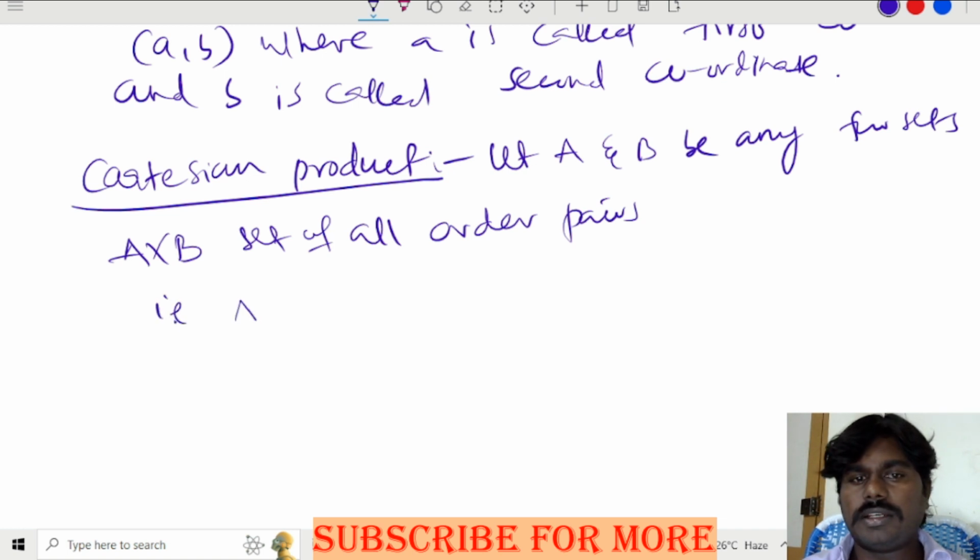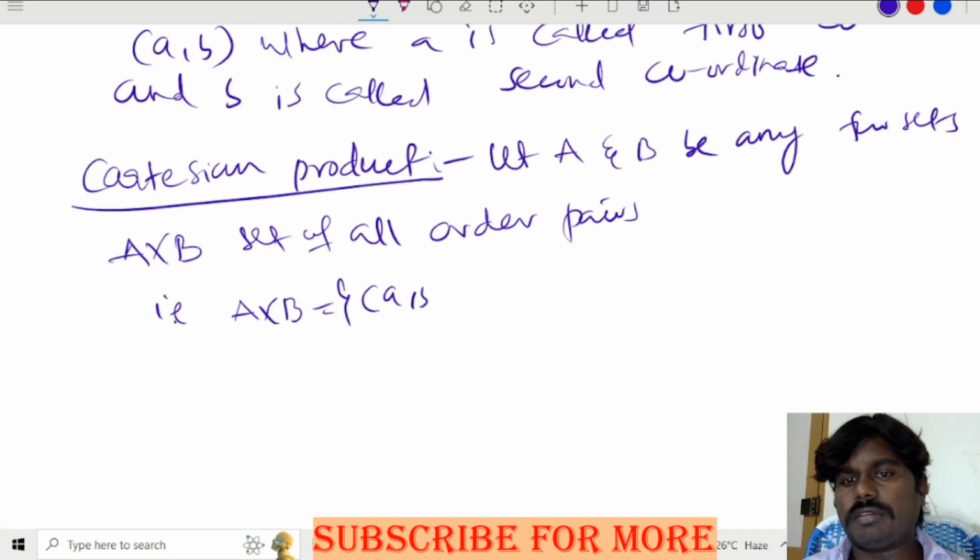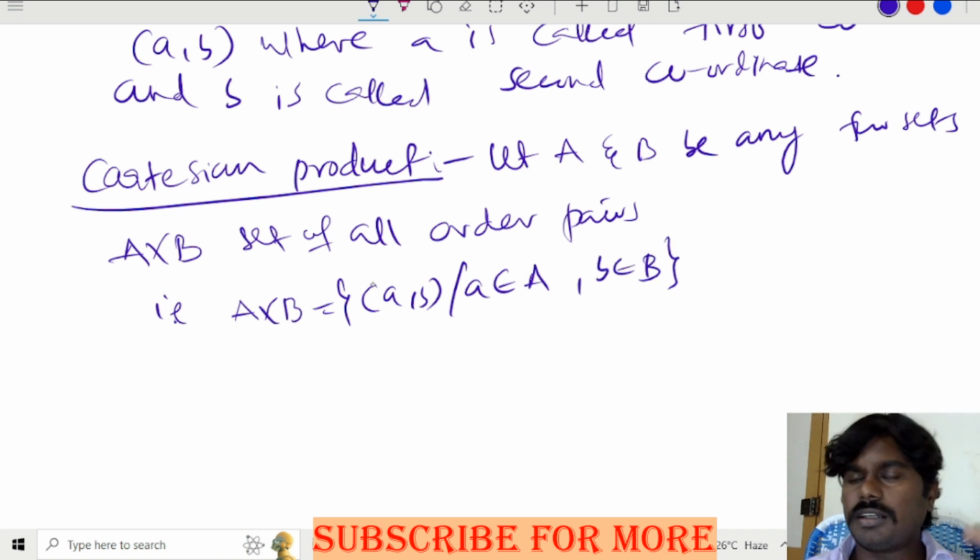That is, A cross B is equal to (a, b) such that a belongs to A and b belongs to B. This is the Cartesian product. So the first coordinate is from the first set and the second coordinate is from the second set.